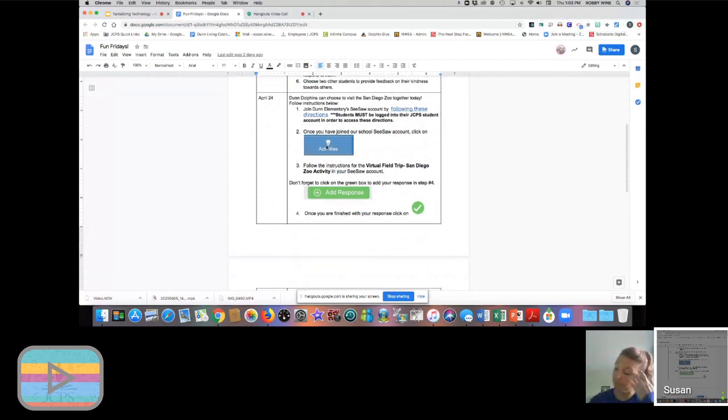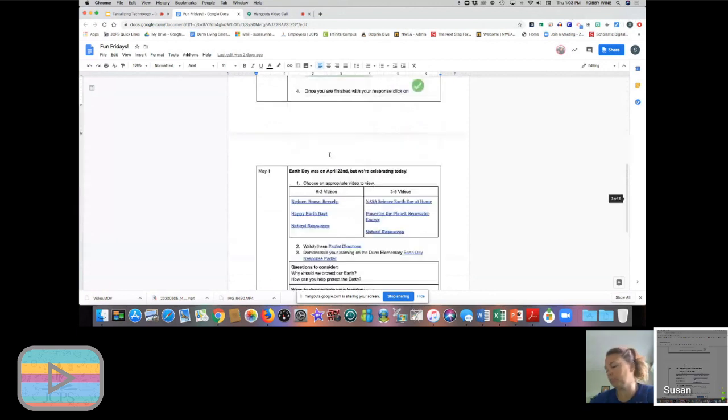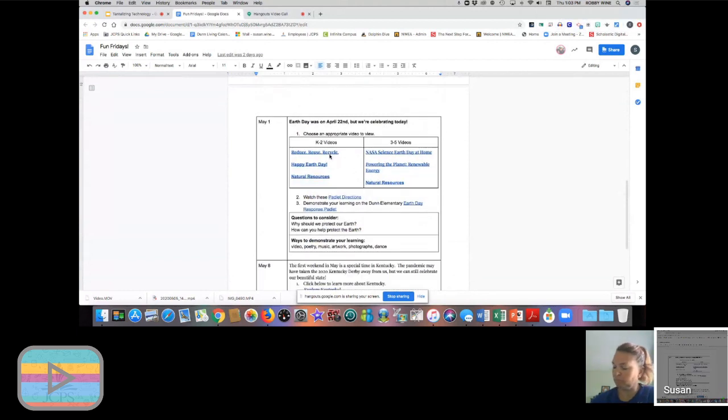They can simply type things in. They can video themselves. They can add pictures. Kids have really responded to this and have loved it. And we've gotten a lot of feedback from parents, too, about how much they love being able to do something a little different. And then they can see some of the responses that their friends are doing as well.